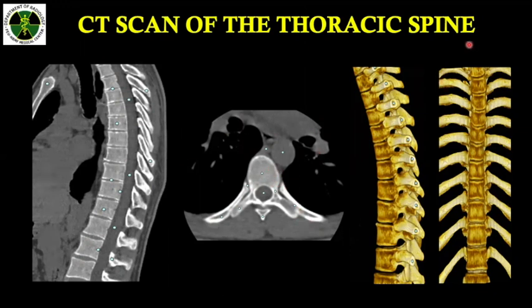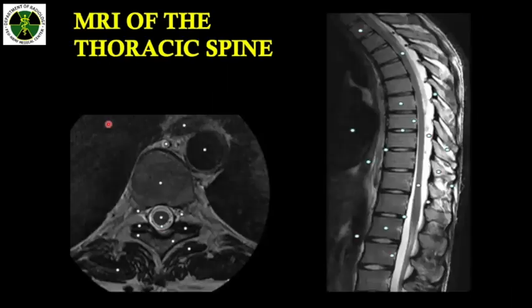For CT scan, reconstruction can show us more detail for the bones of the vertebrae, but not much detail on the soft tissues, such as the spinal cord and the spinal nerves, and the intervertebral discs, unlike in MRI where we can identify if there is desiccation.